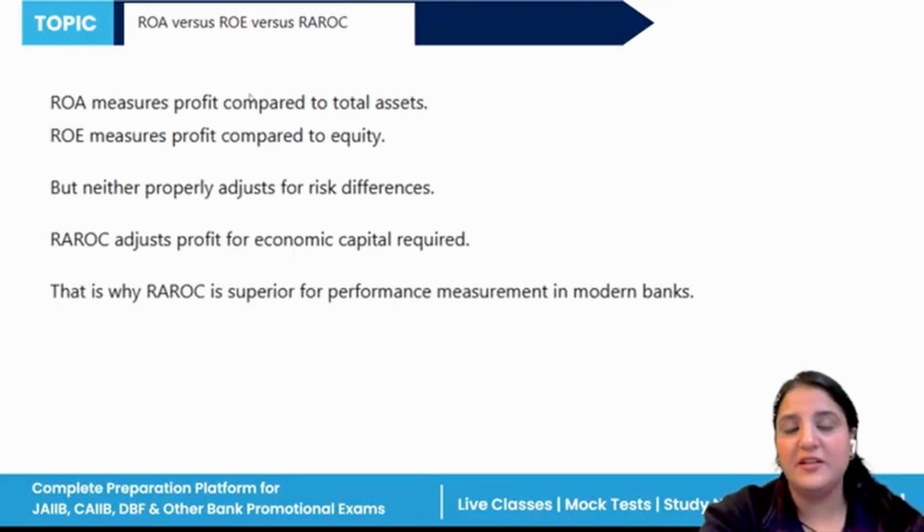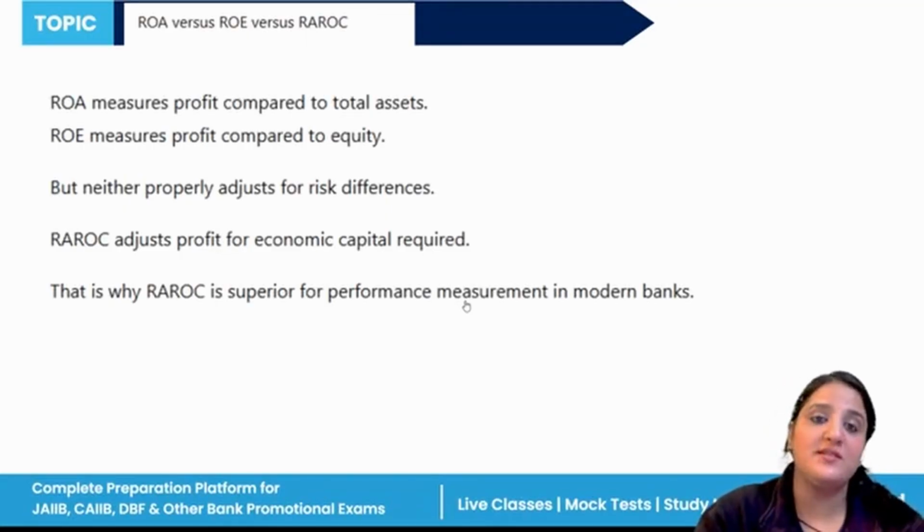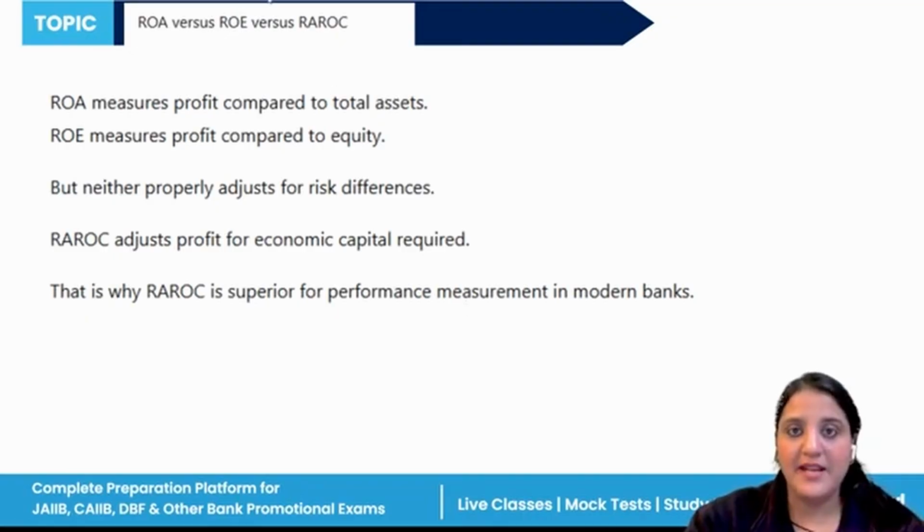ROE is return on equity, which is basically a financial metric ratio which determines the company's profitability relative to the shareholders' equity.